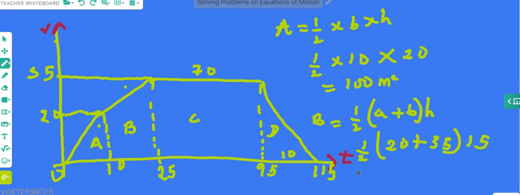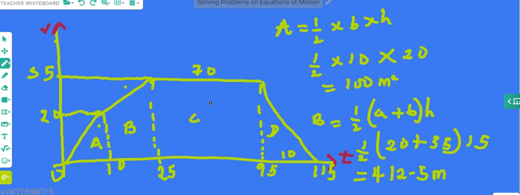So if you finish this, it is going to give us 412.5 meters. So that is the distance covered.